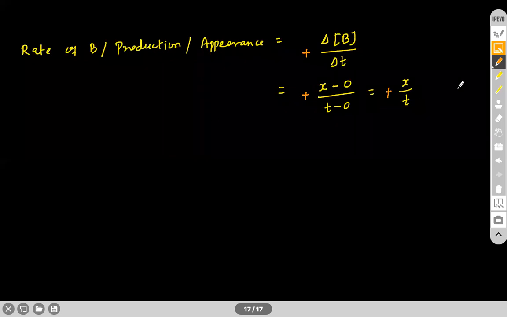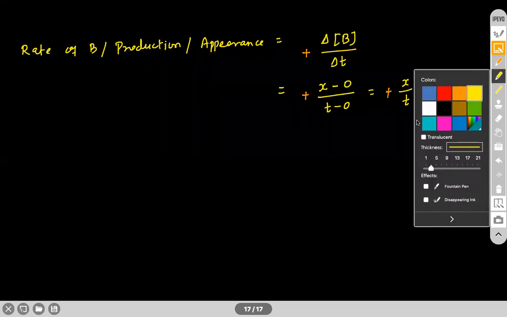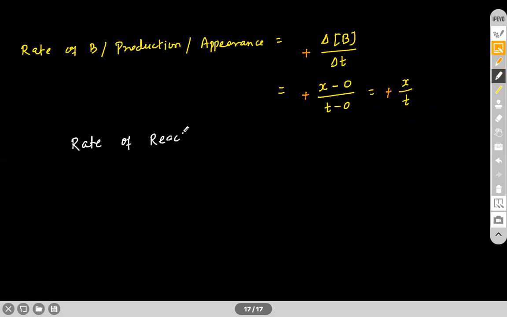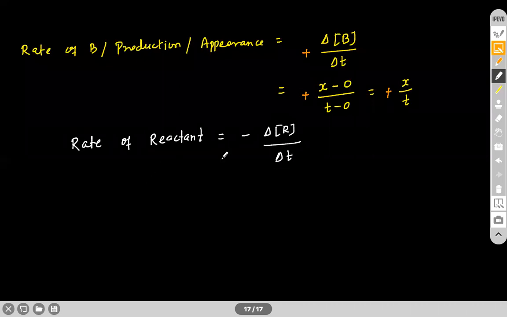Now, to summarize whatever we have discussed, what we can write? Rate of reactant is equal to minus of change in concentration of reactant by time required to produce that change.